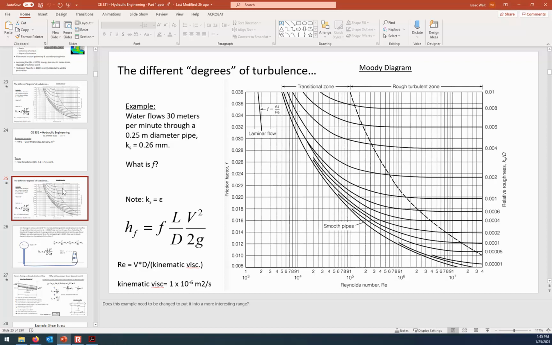Diameter of the pipe is 0.25 meters. And we divide that by 1 times 10 to the minus 6th meters squared per second. I wish we had a convenient whiteboard, but I'm just doing the calculations here. So 4.07 times 0.25 divided by 10 to the minus 6th.